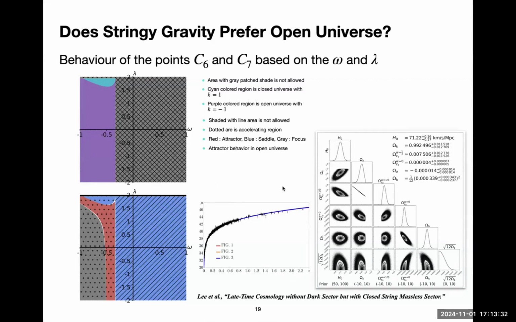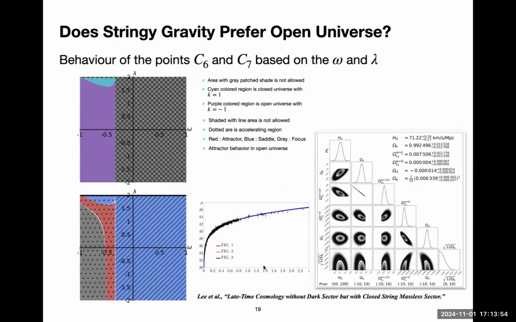Also, you can find parameters such that the curvature gives results of a closed universe. So by just looking at the Pantheon data, I'm not sure we can really get excited, but it's a really interesting result as well.